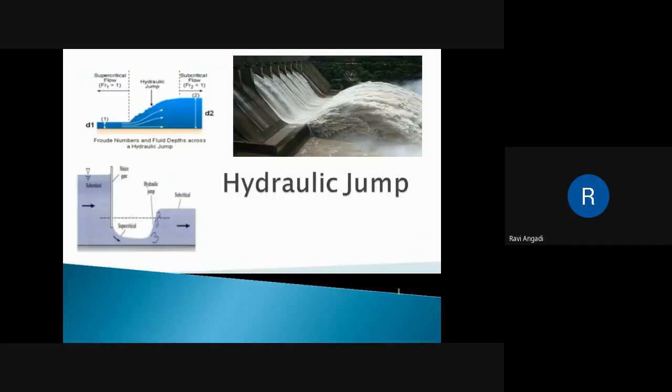Then coming to the very important part of this module, the hydraulic jump. So this picture is visible to you all, right? Yes, sir. Just a minute, I'll come back.